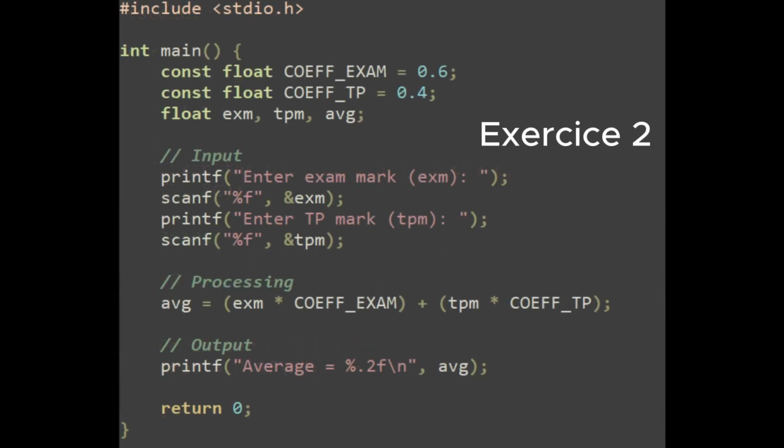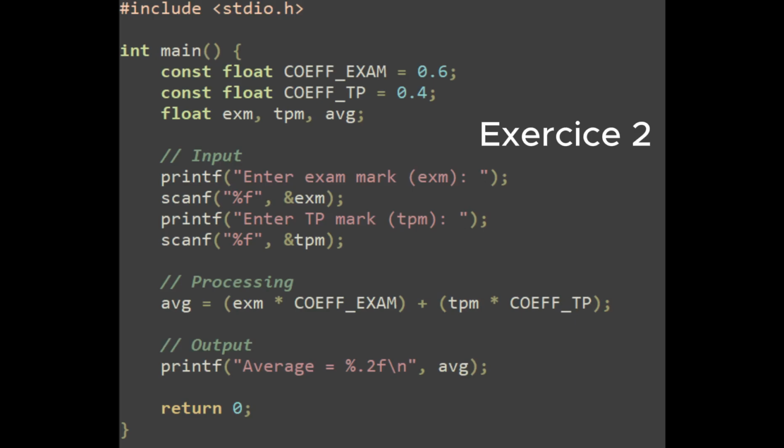Exercise 2. Weighted average calculation. Objective: calculate a student's average for the Arithmetic module using fixed coefficients. 1. Problem analysis. Inputs: exam mark, XM, and TP mark, TPM. Processing: exam coefficient, 0.6, TP coefficient, 0.40. Formula: AVG equals (XM times 0.6) plus (TPM times 0.4).